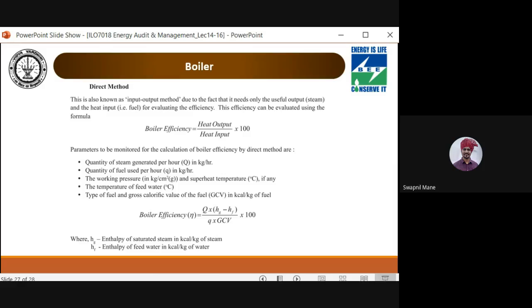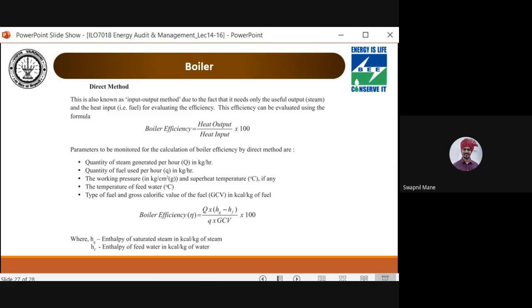Whereas in the indirect method, you know what the oxygen content is, what the carbon monoxide percent is, what the carbon dioxide percent is, what the volatile matters are, and what the SOx contents are. So you have the values to decide which parameter is causing the efficiency to drop. But the indirect method is very tedious.